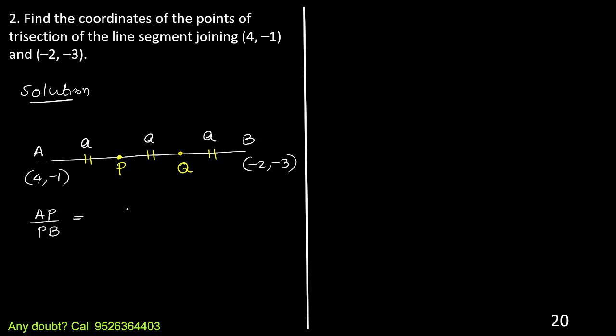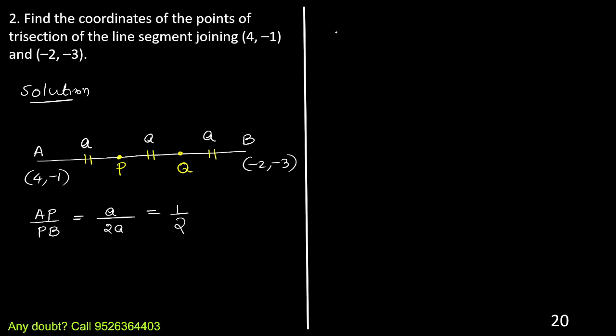AP is a, and PB is a plus a, which is 2a. Understood? So a cancels, 1 by 2. So AP is to PB is 1 is to 2. Using this ratio, I can find the coordinates of P. I have to use the section formula. P divides AB in the ratio 1 is to 2. Using the section formula, I can find out P.